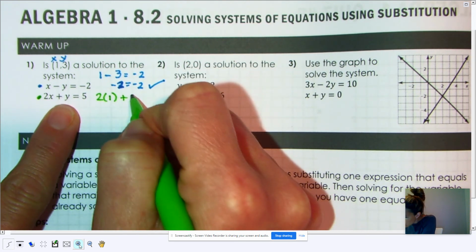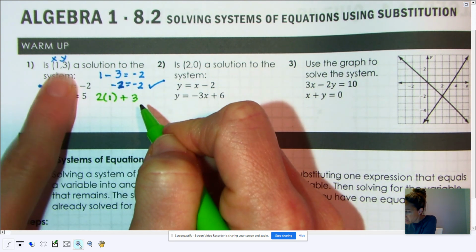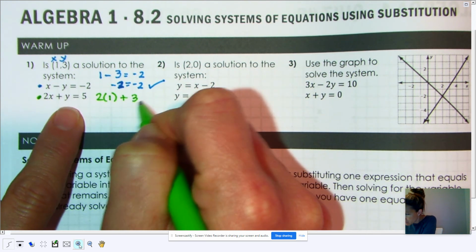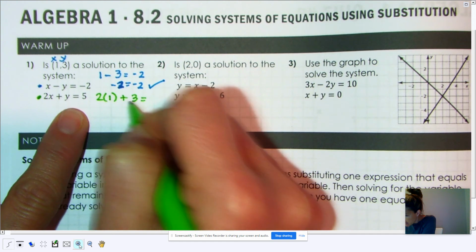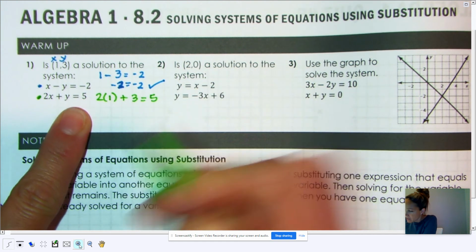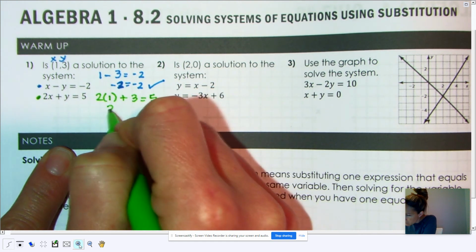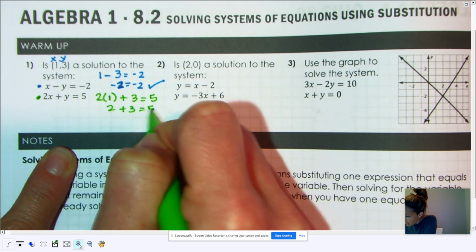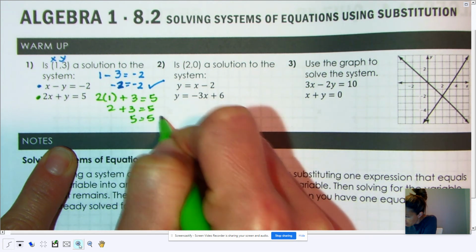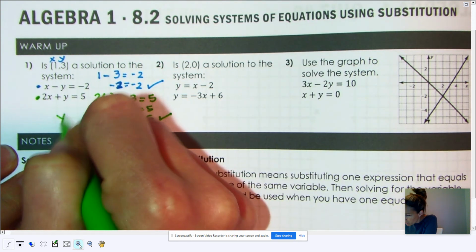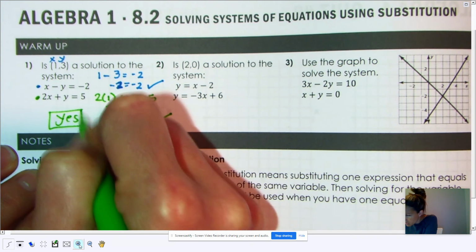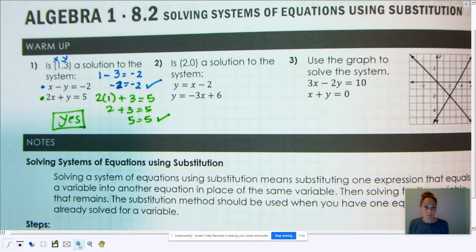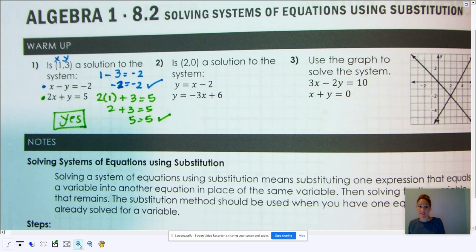With the y, I don't need parentheses because it's a positive number and nothing is really happening to it there, except for that plus sign, but we don't need parentheses for that. So 2 times 1 is 2, 2 plus 3 is 5, 5 is equal to 5. Yes, it works in both equations. So yes, that point is a solution to the system.